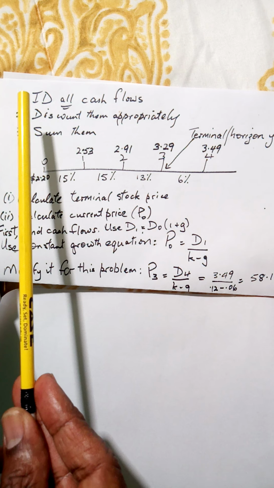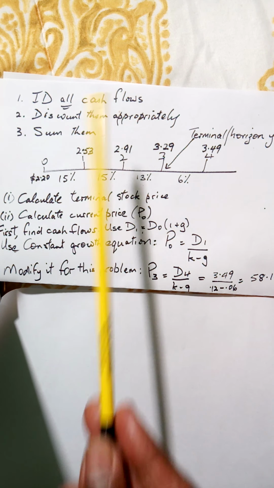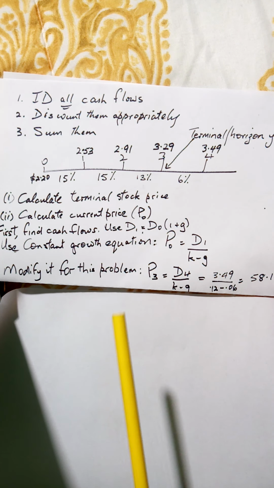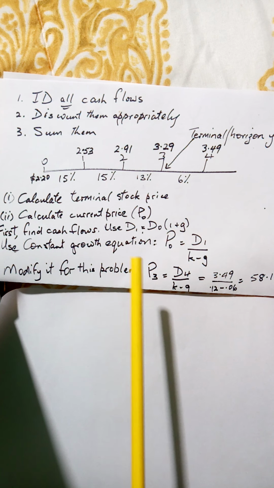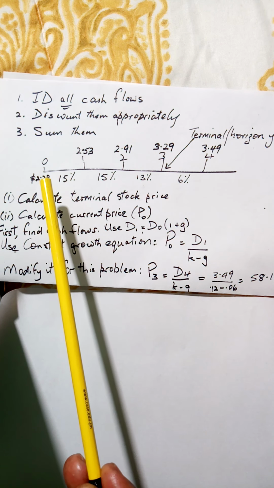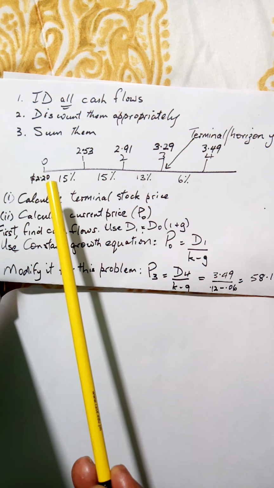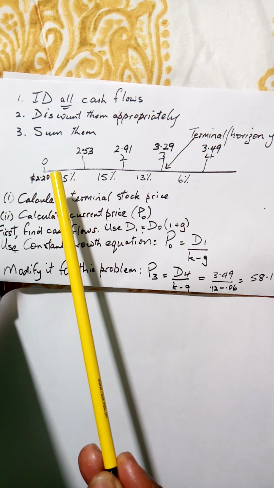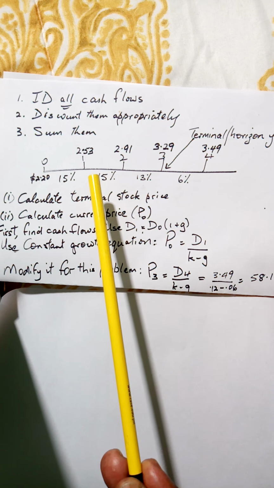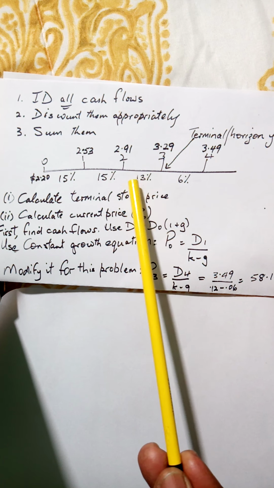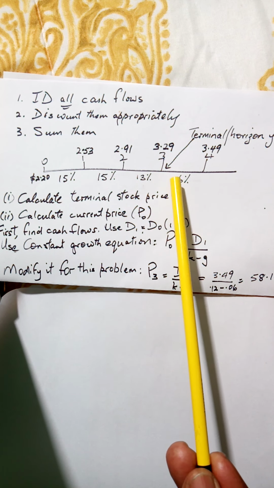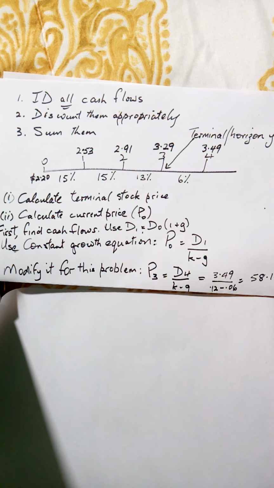But our model requires us to identify all of them. And so we use the growth rates that were given. The dividends were expected to grow by 15% in year 1 and year 2, 13% in year 3, and 6% thereafter. A constant 6%.